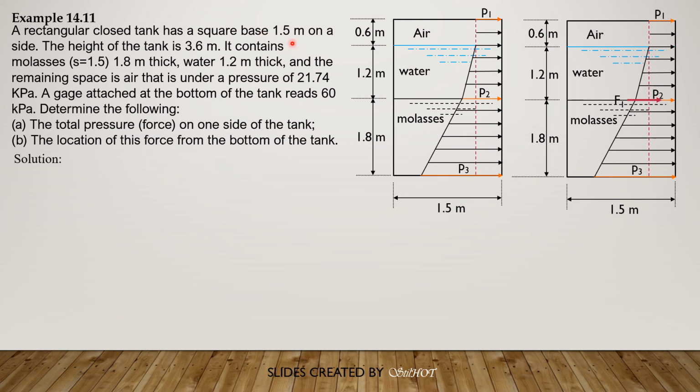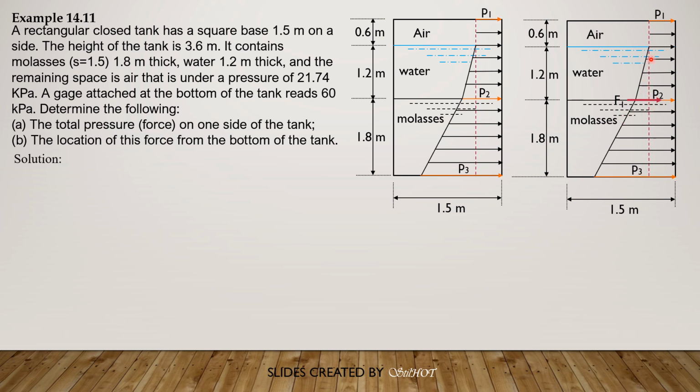It is a rectangular parallelepiped because the tank has a square base, 1.5 meters, and perpendicular to this plane is also 1.5. So you just extrude this, then it is a rectangular parallelepiped, 1.5 meters perpendicular to this plane of the figure.